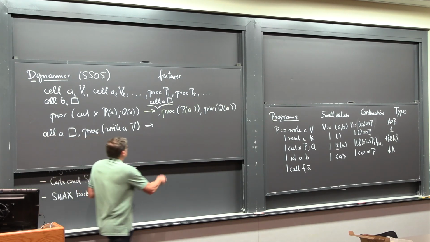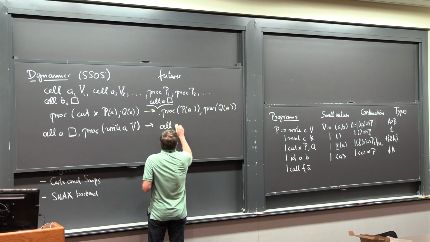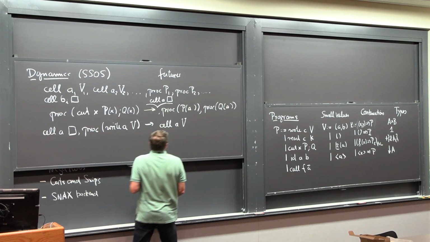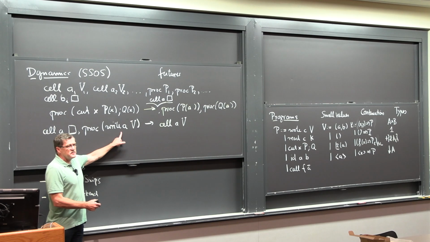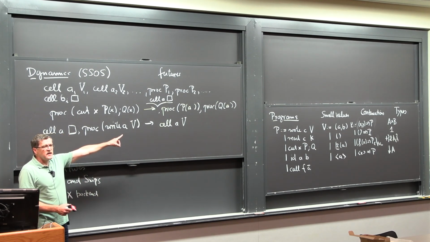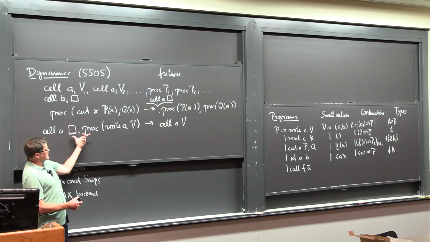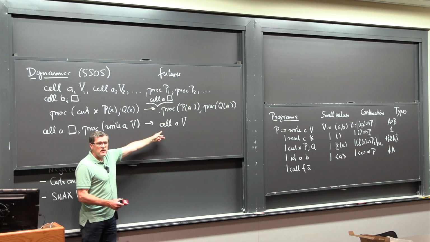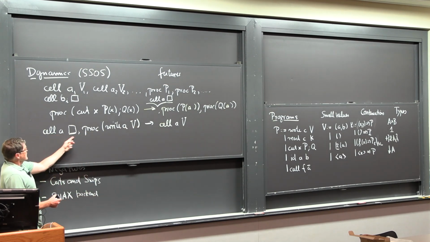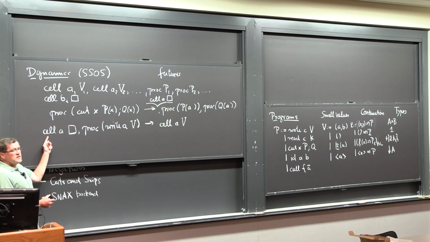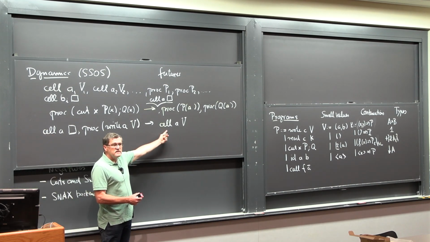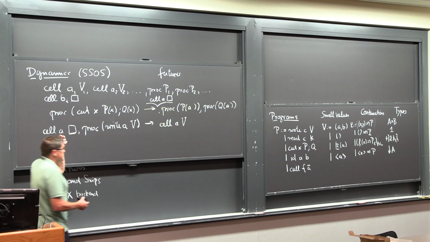Yeah? Cell A V. So let's think about this for a second. This process here terminates because I don't mention it again on the right-hand side. I replace in my configuration these two things by this single one. This thing here also disappears. The cell is no longer empty because I replace it by this thing over here. Okay, and that's about it.